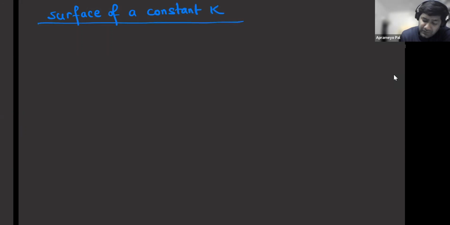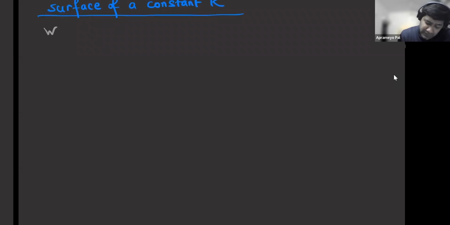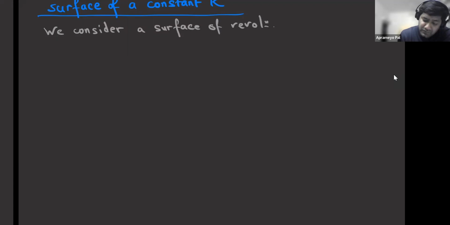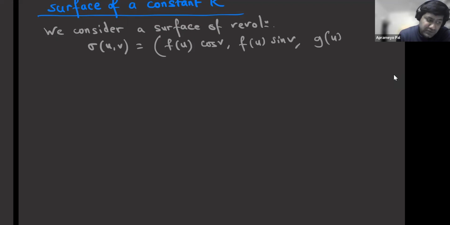So now let's consider a surface of constant Gaussian curvature K. We consider again a surface of revolution given by sigma(u,v) equals (f(u) cos v, f(u) sin v, g(u)).